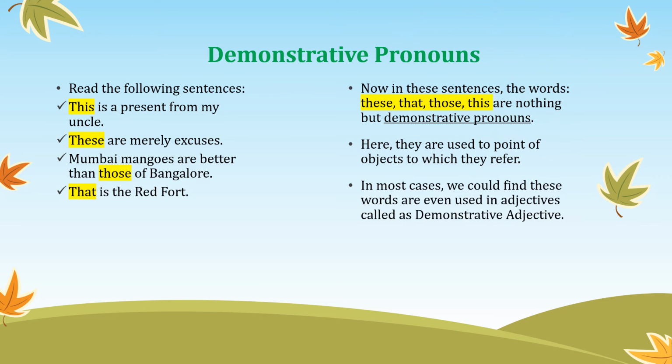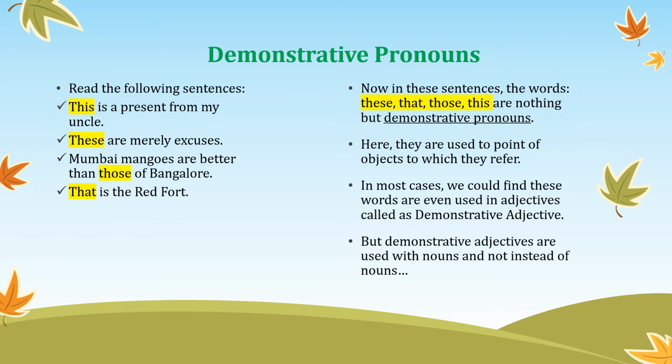In most cases, we can find these words used with adjectives too. When you learn adjectives in the upcoming videos, you will again see the words this, these used over there. But what is the difference? The difference is that demonstrative adjectives are used with nouns and not instead of nouns. Understood? In pronouns, the words this, these, those, that are used instead of nouns.